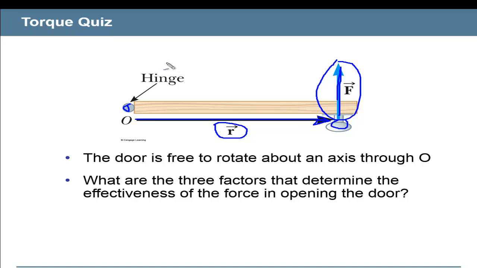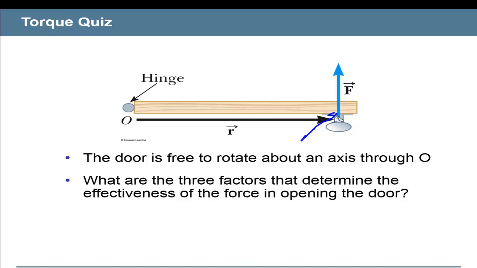If I were to push right here with the same force, then I wouldn't be able to move it nearly as easily. I'd probably have to apply a much larger force in order to move it if I'm this far away. And also the angle at which we push would make a difference too, right? If I push like this with the same magnitude F, then not all of it is translating to a perpendicular force, right?